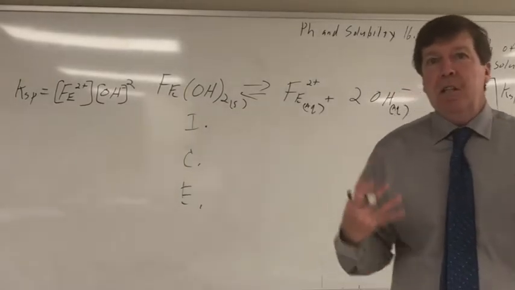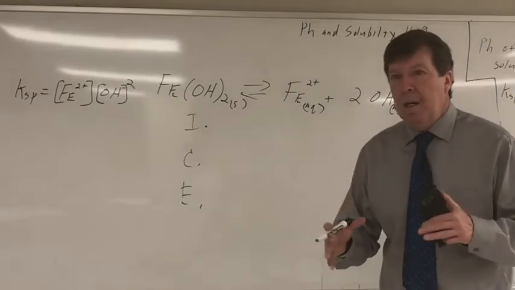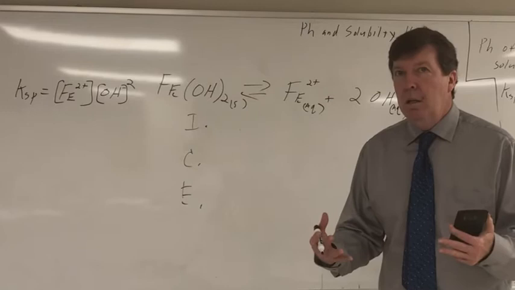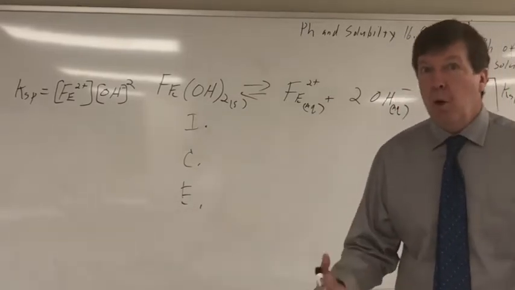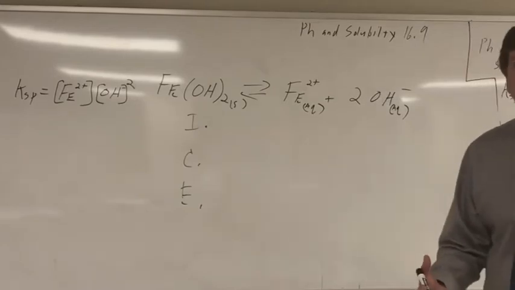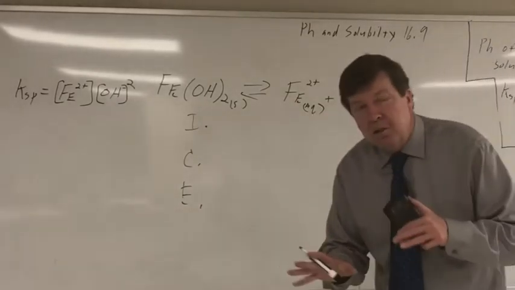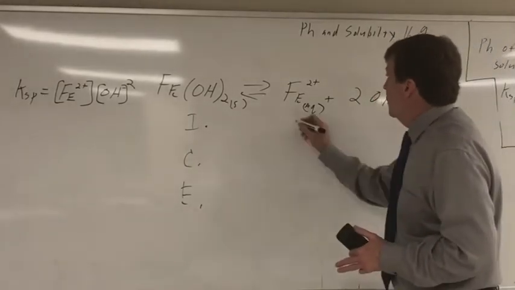I want you just to get used to doing this, and this will actually be a good way to start for the more tricky problems as well. So hopefully the problems that we're doing now are more straightforward for you. But if they get a little trickier, you'll have to set up ICE and kind of reason some things out possibly.